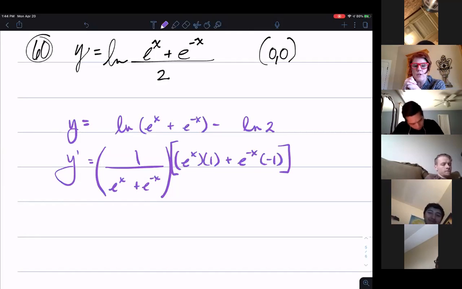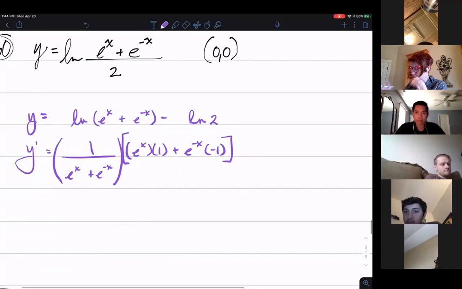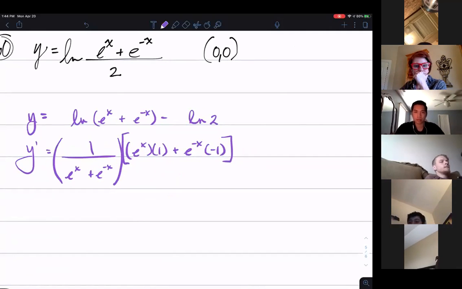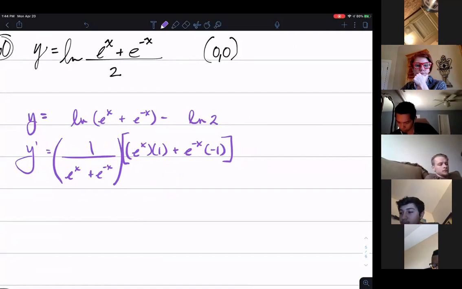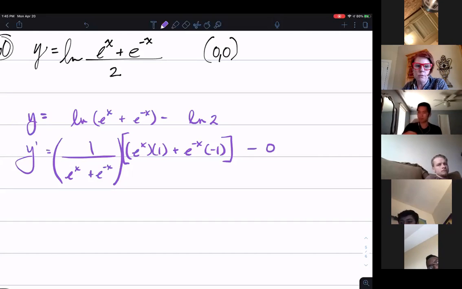What about the derivative of natural log of 2? You could say it's 1 over 2 times the derivative of 2, which is 0.